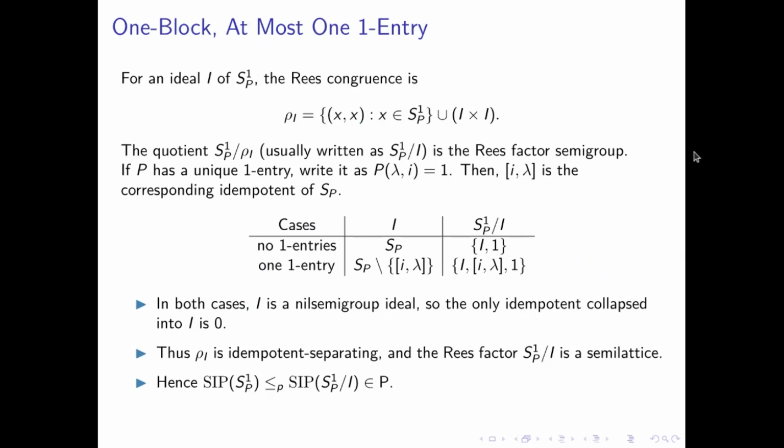Okay, so for the proof, we basically prove the individual cases. First, one block and at most one entry. We use a Rees factor semigroup. Given an ideal of the combinatorial Rees matrix semigroup with 1, the Rees congruence essentially identifies all the ideal elements into a single zero element.